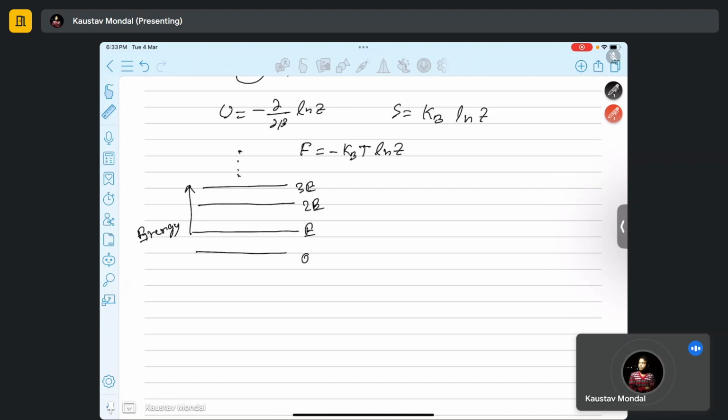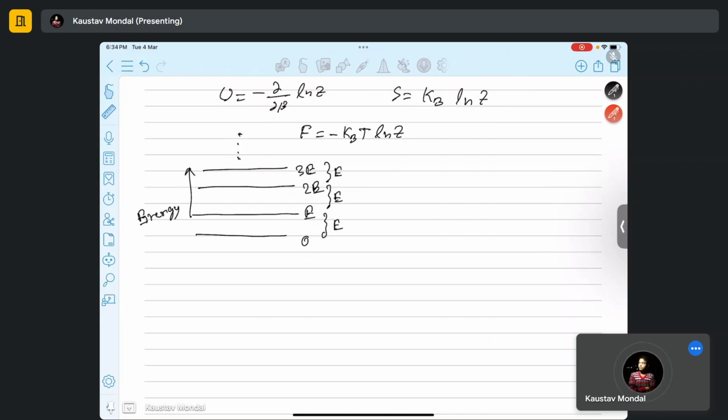As you can see, the spacing between any two respective energy levels is E. E, E, E, these are the separations between the energy levels. For this kind of system, you have to calculate the partition function.